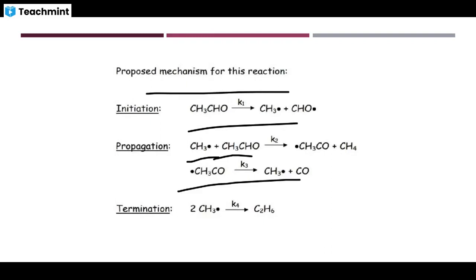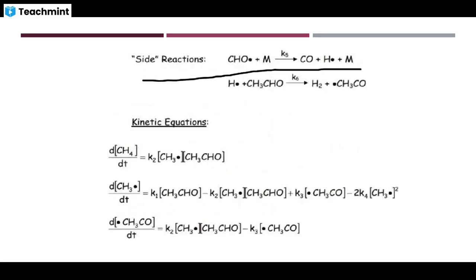Otherwise, it decomposes into CH3 dot plus CO. The termination step is two CH3 combining to form C2H6. The other side reactions are the CH3CO dot colliding with the wall M to form CO plus H dot plus M, or the H dot colliding with the aldehyde at K6 to form H2 and CH3 dot.